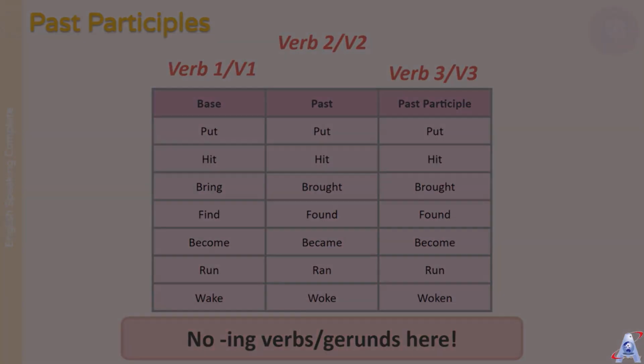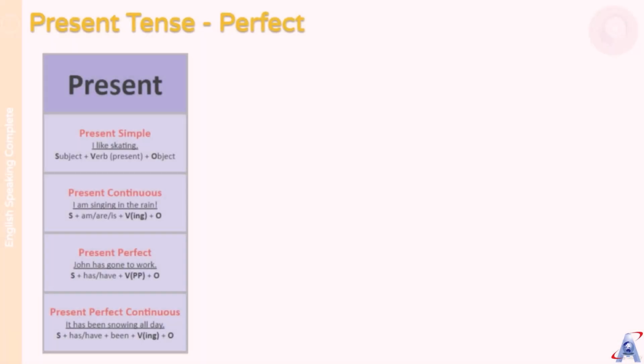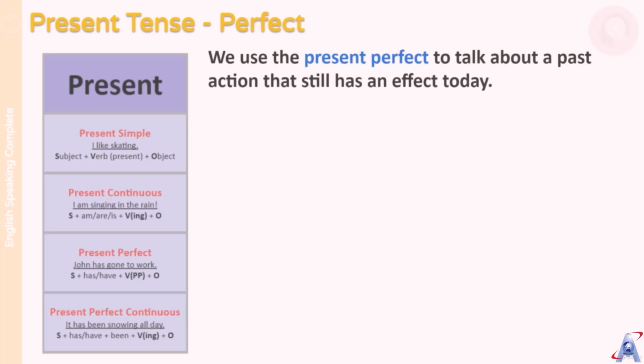Okay, so let's begin with the present perfect tense, which is, of course, here. We use the present perfect to talk about a past action that still has an effect today. So something that happened in the past but has an effect today, such as John has gone to work. He went to work sometime before. We don't know when, it's not too important, but he has gone.